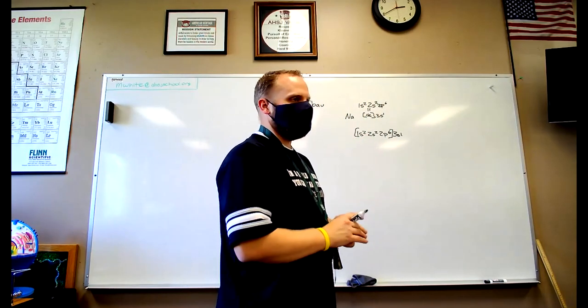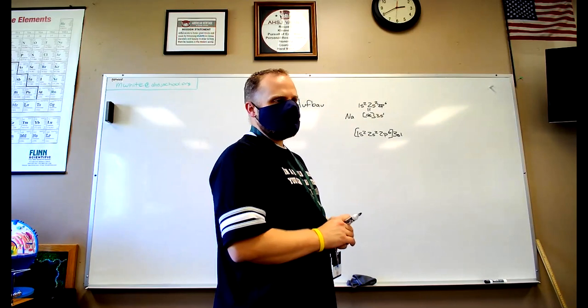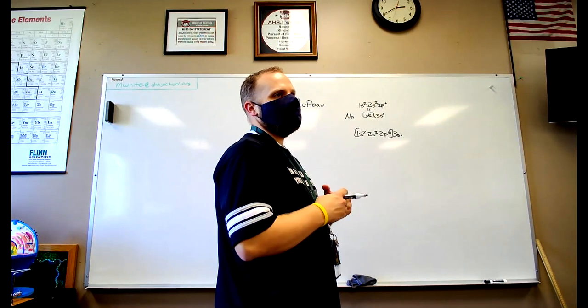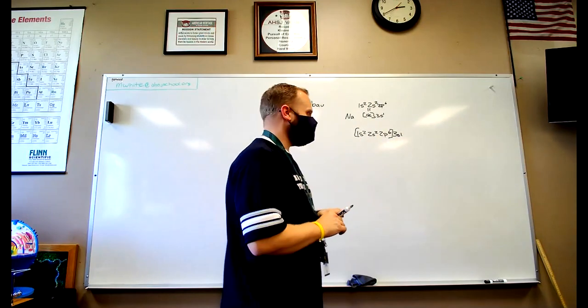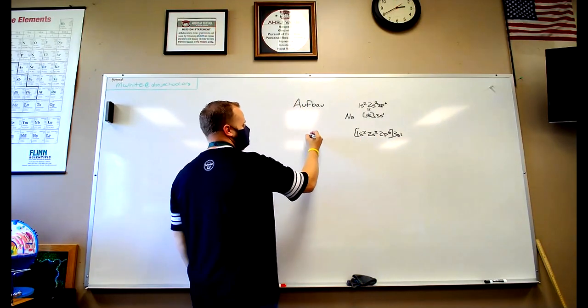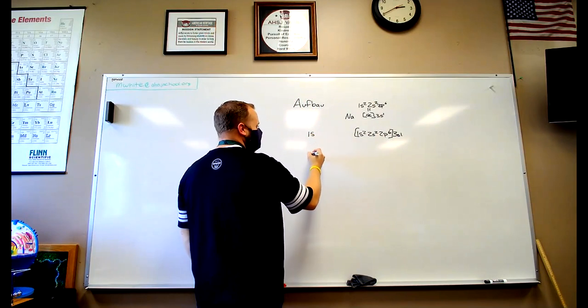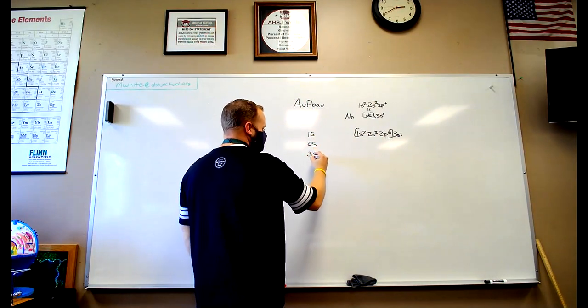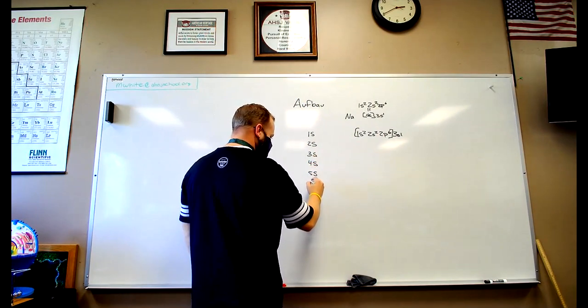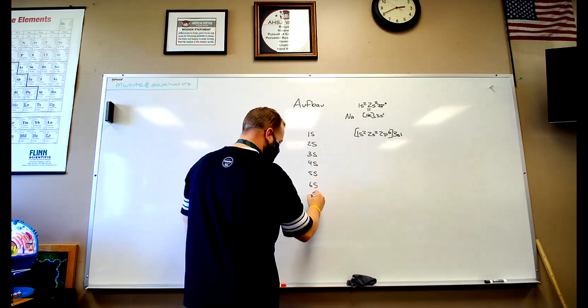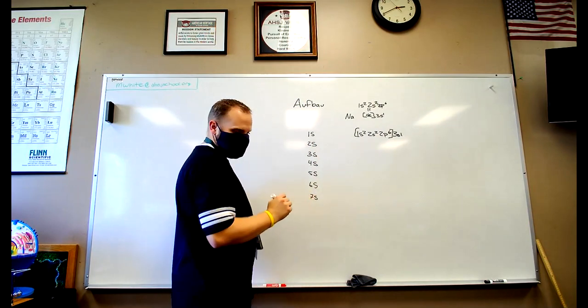Now, I'm going to show you a trick here. And this is how you remember what order the electrons fill in. So what we do, we write 1s, 2s, 3s, 4s, 5s, 6s, and 7s.